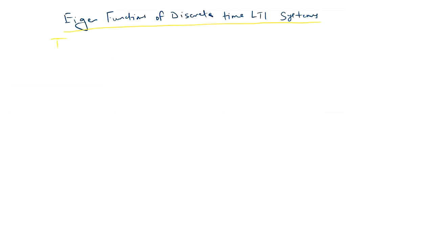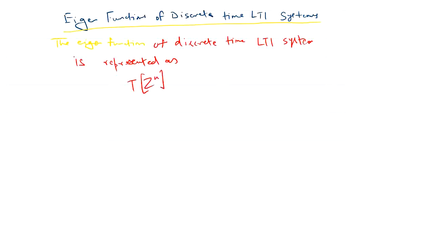The eigenfunction of a discrete time LTI system is represented as follows: if we apply the input z^n to the system operator, and we get the output lambda z^n, then this is the representation for finding the eigenfunction of a discrete time LTI system.